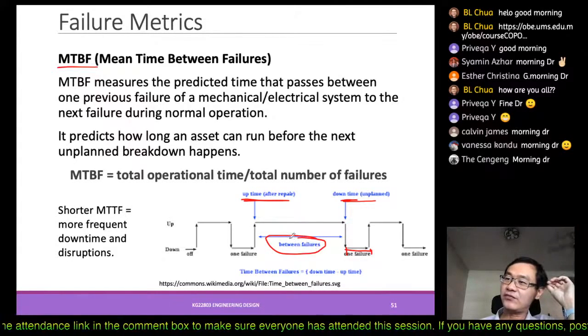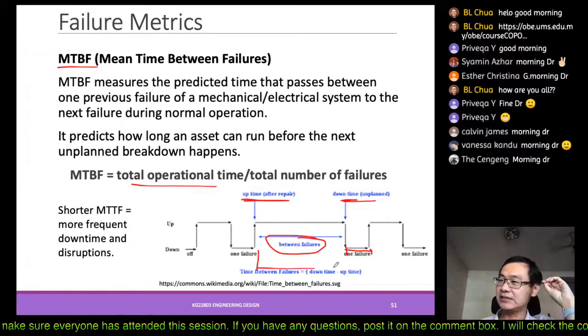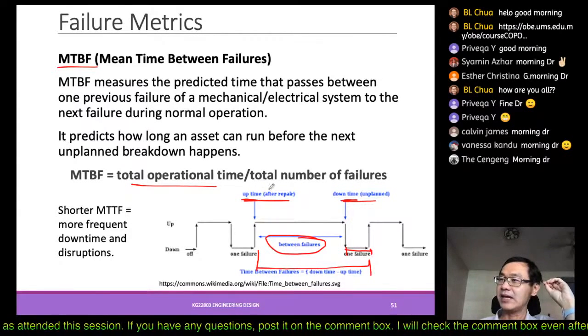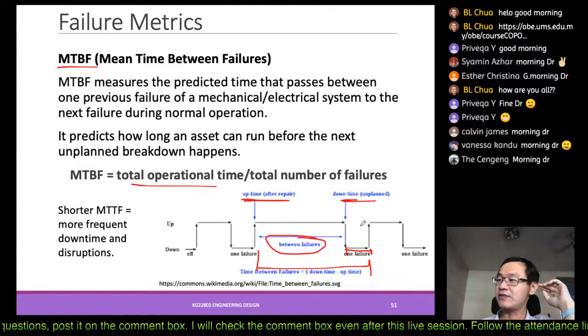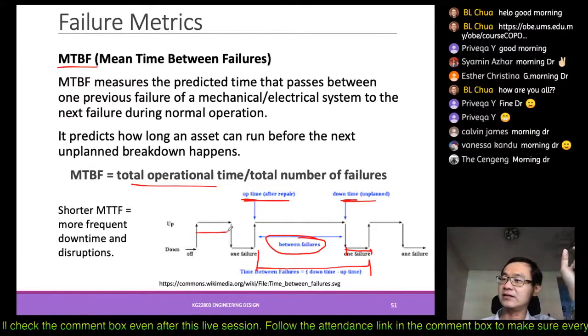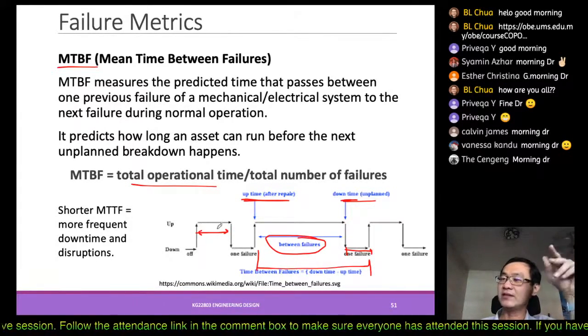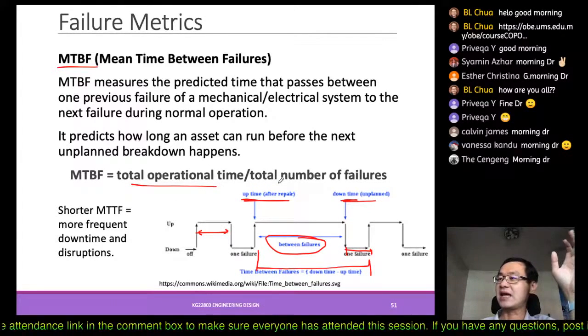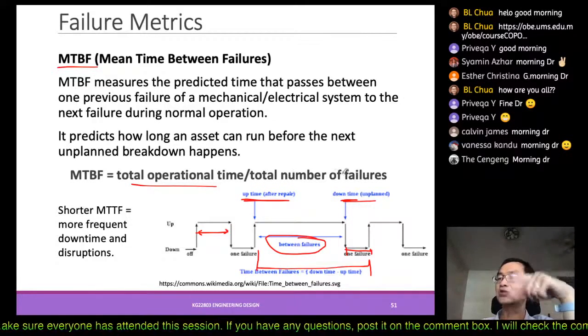This is the total operation time, and the number of failures, how many times it fails. Because the times between failures may vary, we just get an idea of how long usually it will start to fail again.